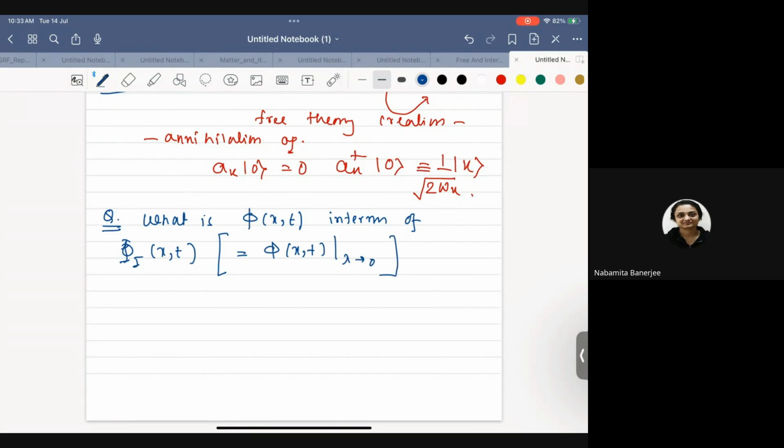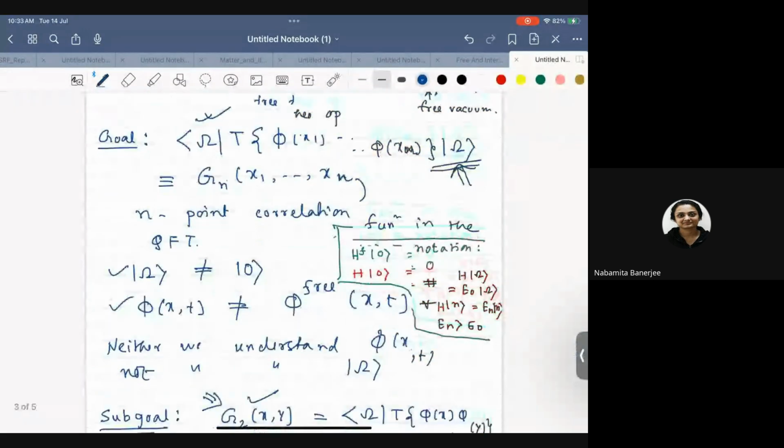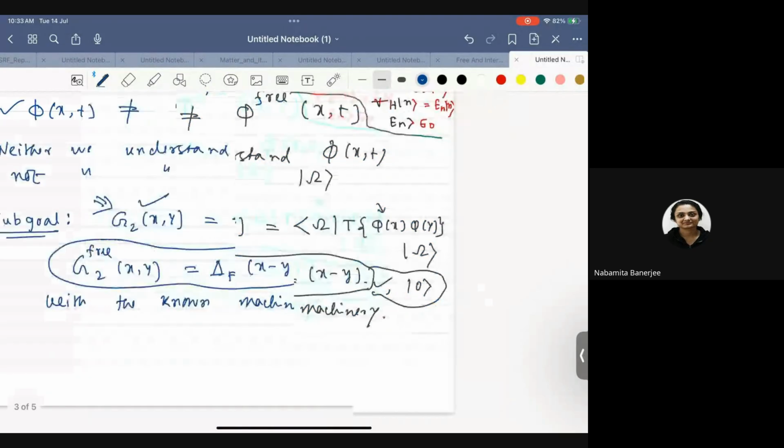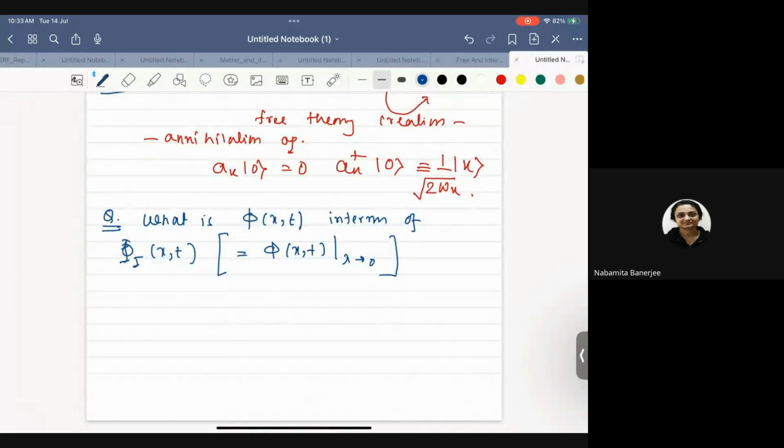But that's not what would really satisfy me. If I want to reach my goal, or my sub goal, I really need to know phi(x, t) not in the limit lambda goes to 0. So what I really have to find is: what would this operator be in terms of the operator that I know? Can I find it? If I can, then brilliant. Then I have something really non-trivial. Let's see if I can find it or not.